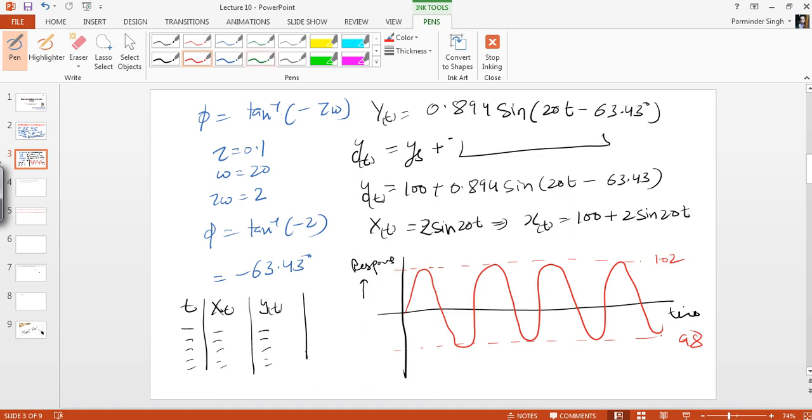Now the response, that is y(t): if you plot this term for different values of t, you will get the response by this green line.